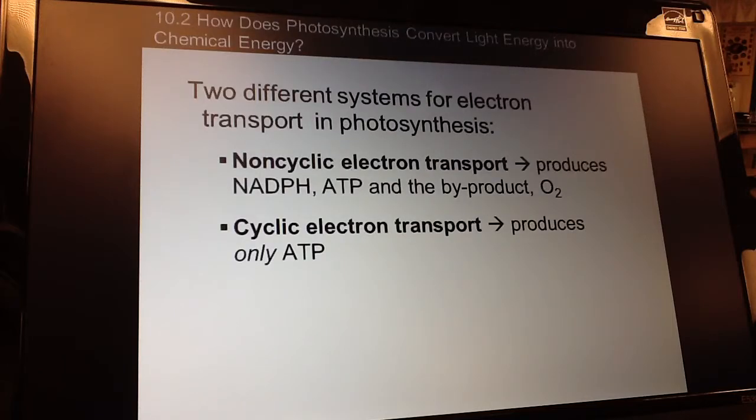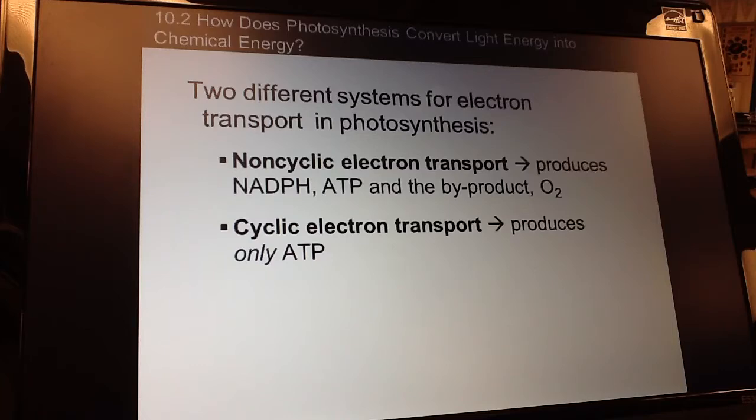One of the big things is that there are two different types of photosynthesis that occur, and I need you to understand that the two different systems are going to determine whether or not we can enter into the Calvin cycle. There is non-cyclic and cyclic.